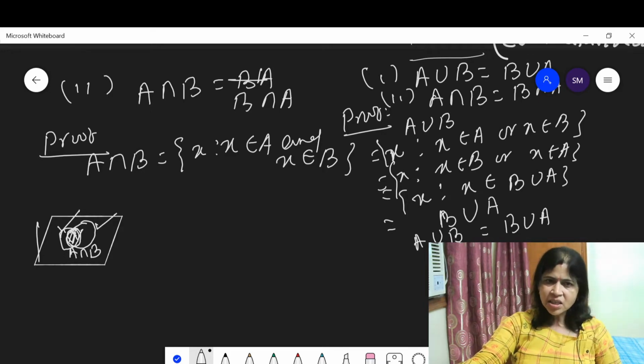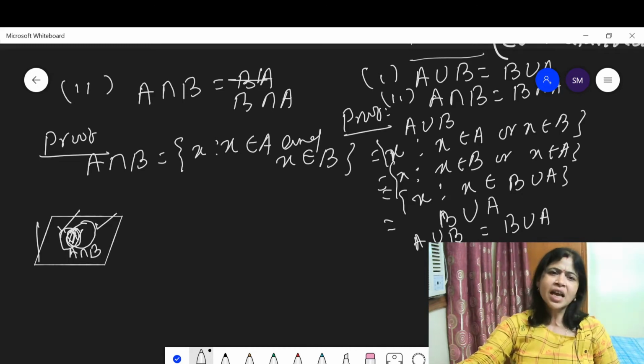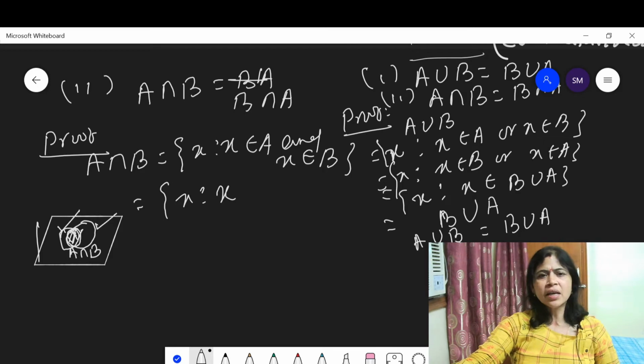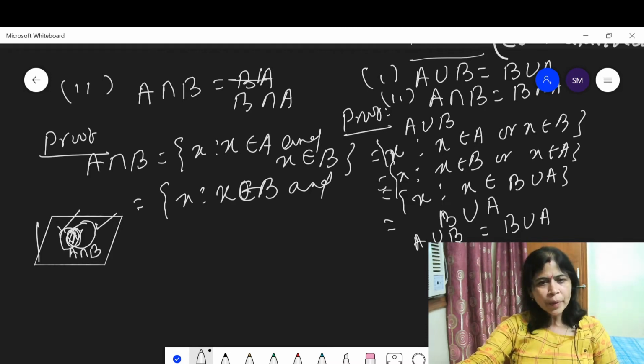So A intersection B means x belongs to A and x belongs to B, that is, x belongs to both A and B. In the same way I change the place: x belongs to B and x belongs to A. I have written B in place of A and A in place of B, just alternating the position of A and B. Nothing is changed here. This is also a correct statement.